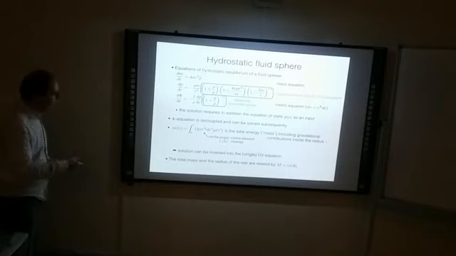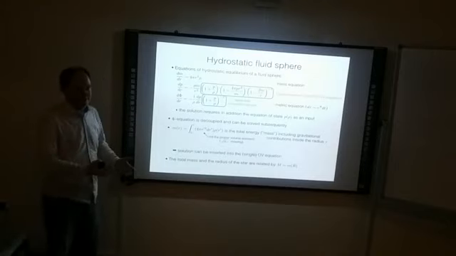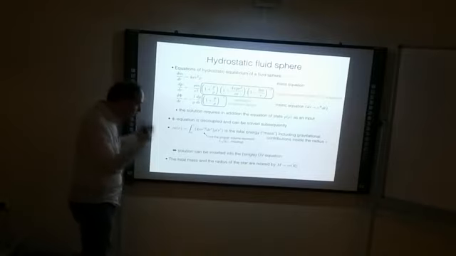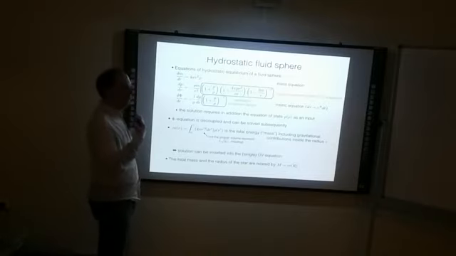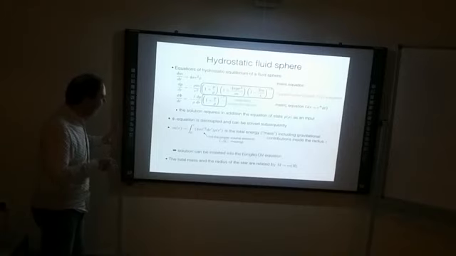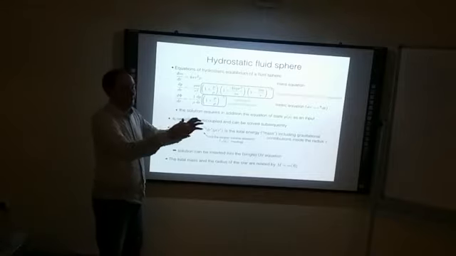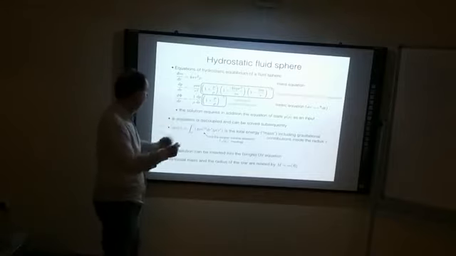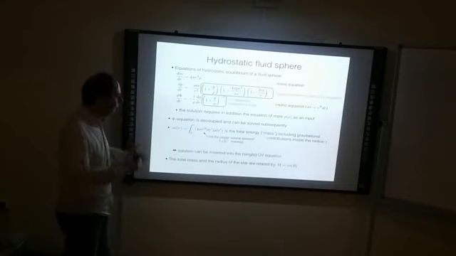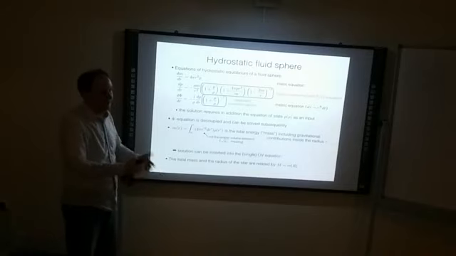In general relativity, this function also takes into account the field energy. It's not just mass that gravitates, but also energy density that gravitates. So although it's still called M, I should say this is the mass of the system. It's what you would call mass, the total energy of the star, whatever it is at rest. But in this case, it also includes effects due to the gravitational field energy itself.